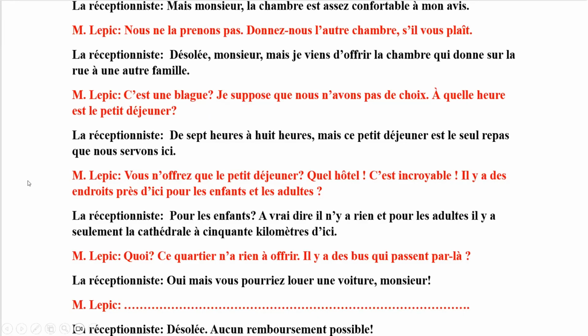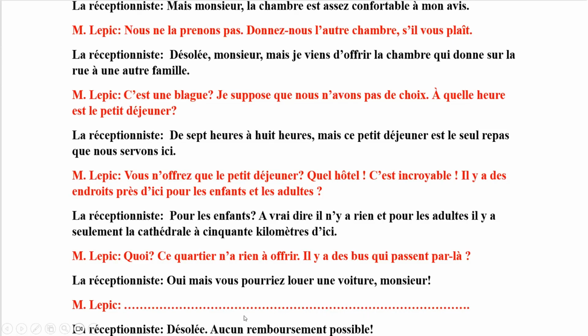We give a reaction to what was said here, which was quoi? Ce quartier n'a rien à offrir. And what we said here, il y a des bus qui passent par là, fits in perfectly with the response given here. So now our part here is blank again, where we have to give our response.